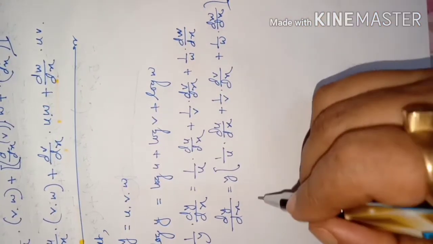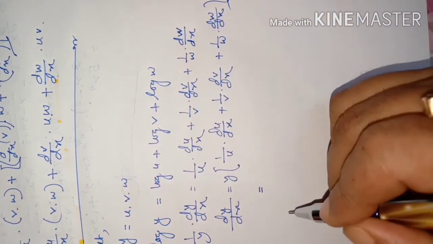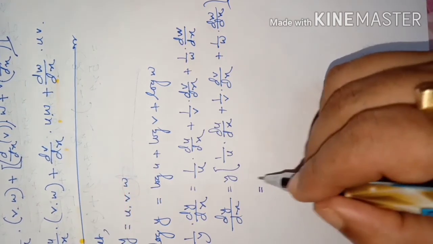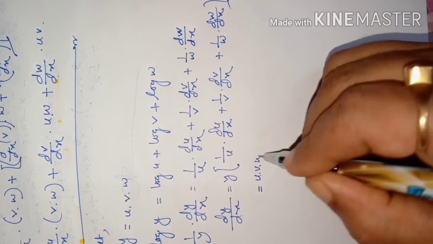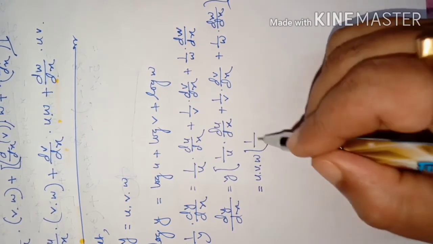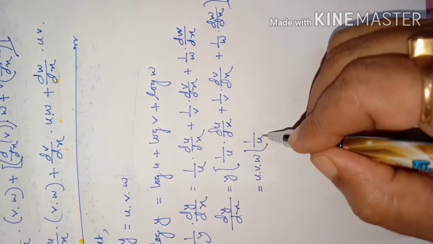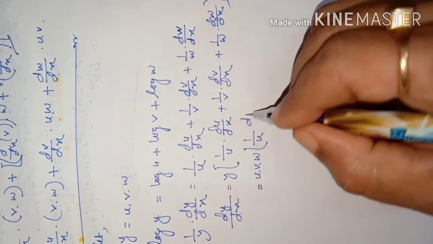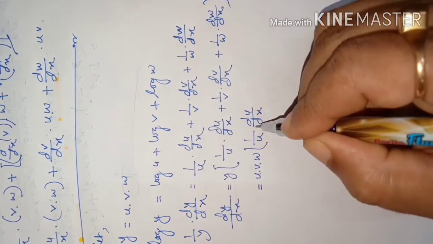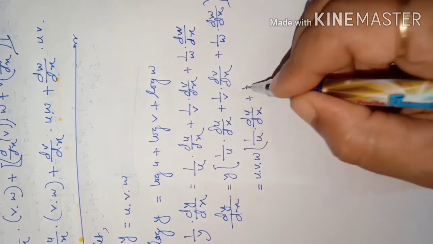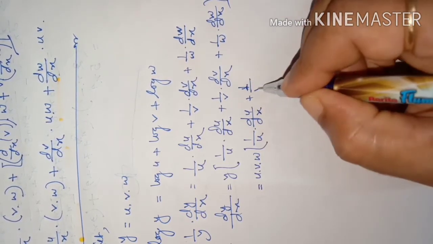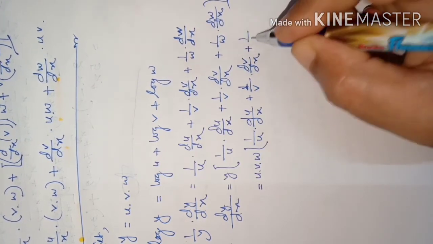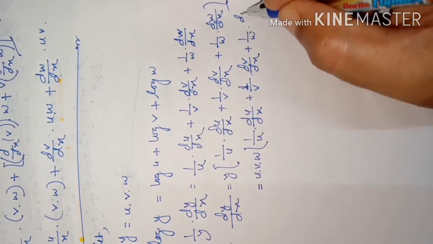Here y is u into v into w, so you multiply u into v into w by 1 by u into du by dx plus 1 by v into dv by dx plus 1 by w into dw by dx.